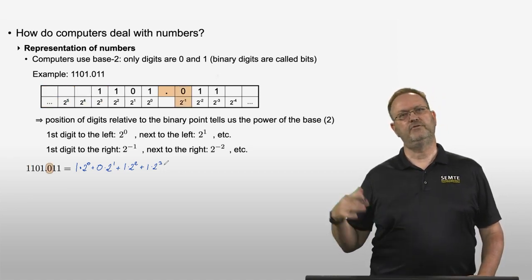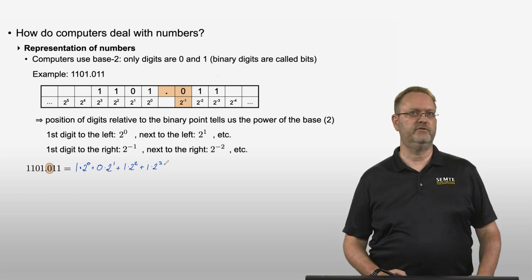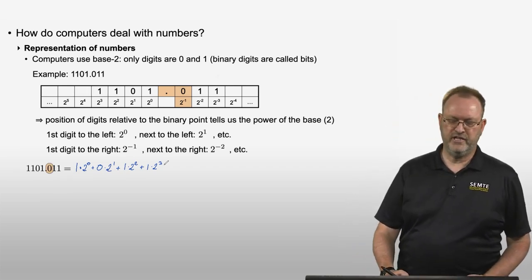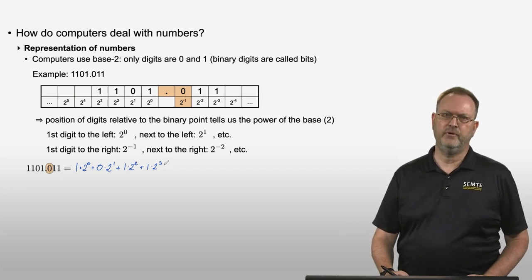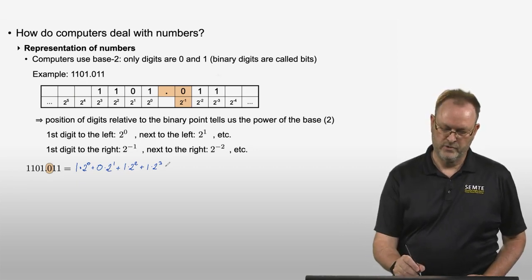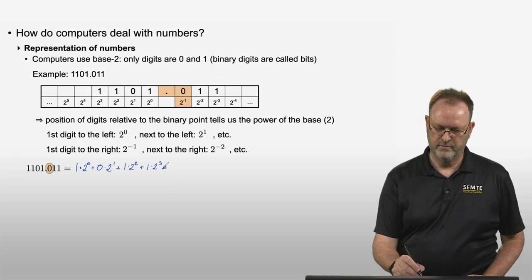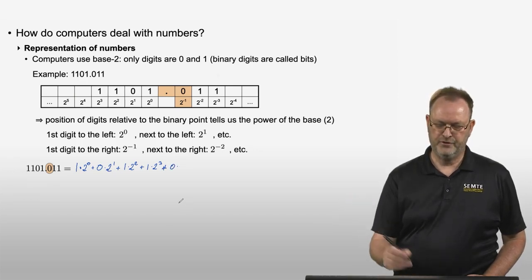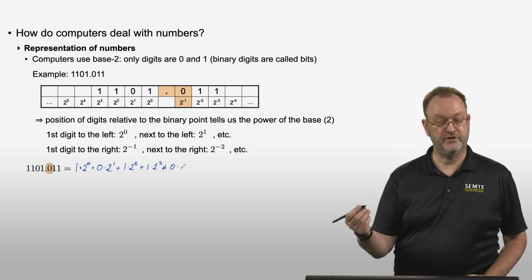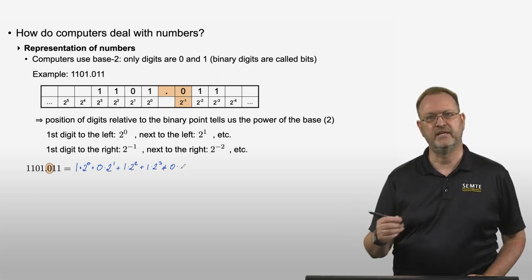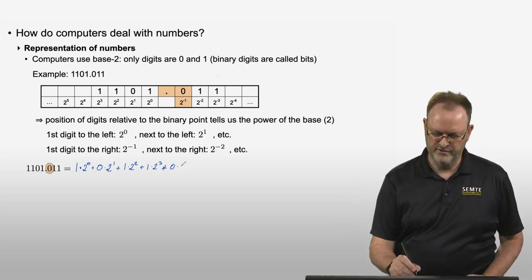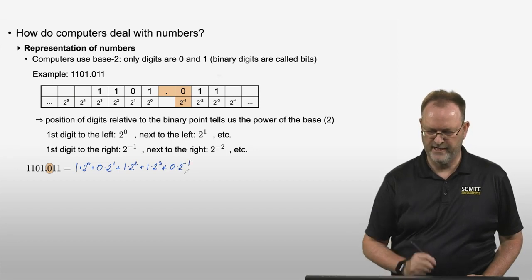But we have digits to the right of the binary point, so we have to take those into account as well. The first digit to the right of the binary point is a 0. So we have plus 0 times the power of 2 associated with the first digit to the right of the binary point, which is 2 to the power negative 1, so times 2 to the power negative 1.